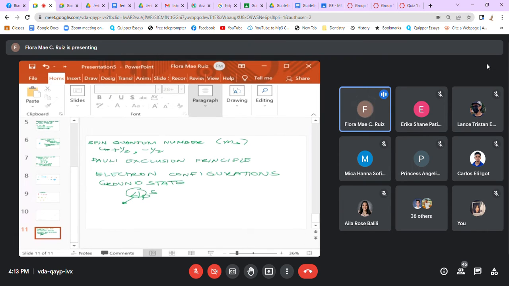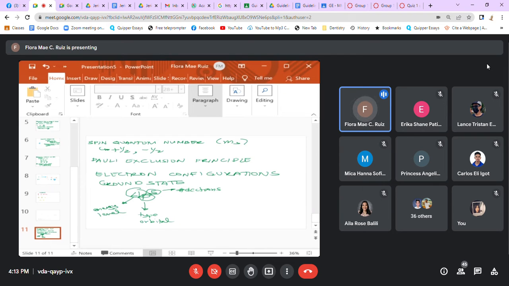And the superscript 5 denotes the number of electrons in the orbital. So this is how you write the configuration: n, l, with a superscript for the number of electrons in the orbital.